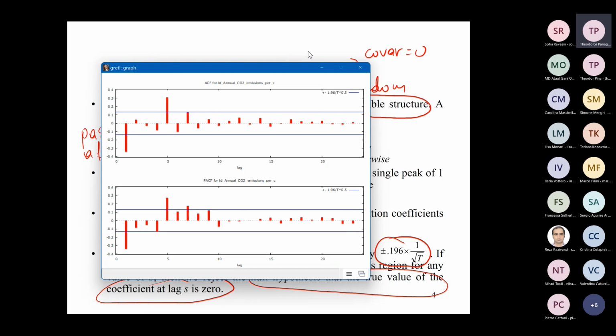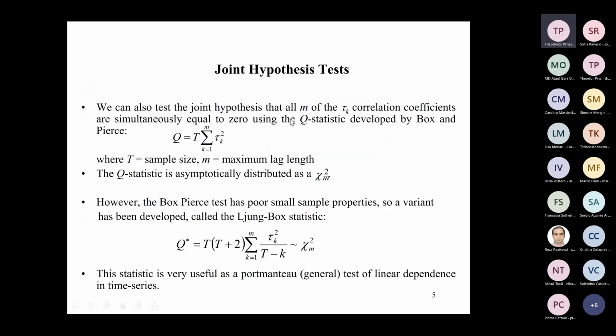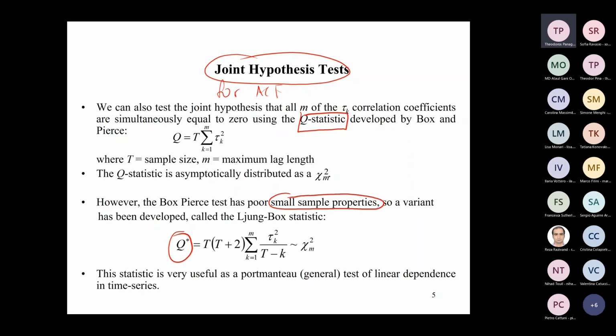Okay. Now, the second thing we need to do about autocorrelations is to test joint hypothesis tests for autocorrelation functions. How can we do this? You can do this with the Q statistic or the Q star statistic. What's the difference between the Q and the Q star? The Q star is used when we have small samples.